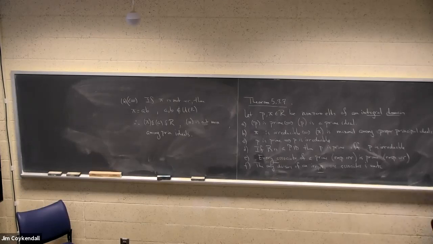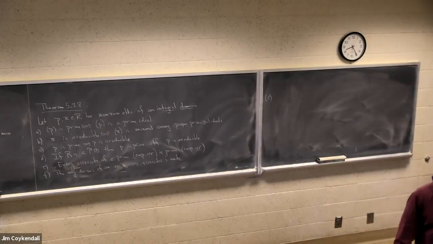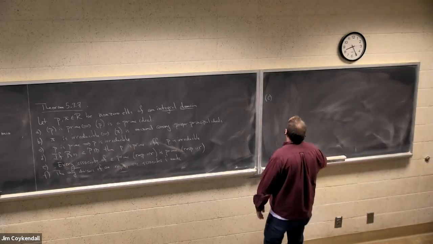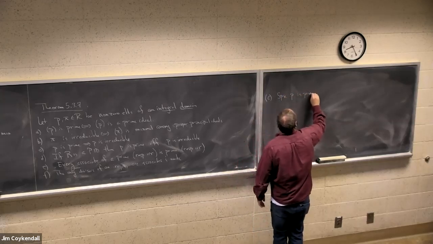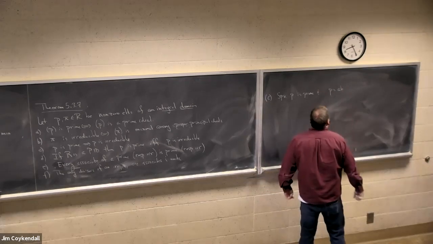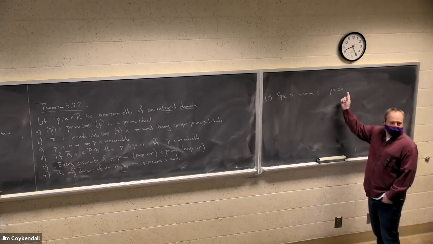Let's do C. This was kind of important. P is prime implies P is irreducible. Let me remind you the hypothesis here is that P is a non-zero prime. Okay, so what I want to do is, I'm forced to show that either A or B is a unit, right?